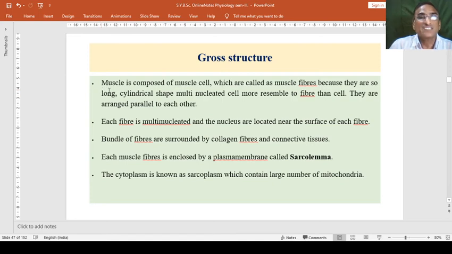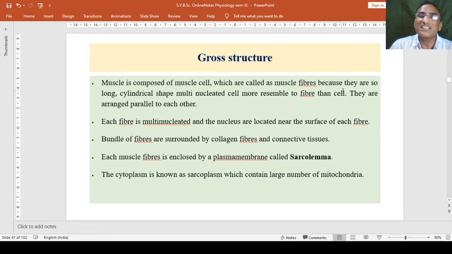Muscle is composed of muscle cells, which are called muscle fibers because they are so long and cylindrical in shape. They are multinucleated cells and resemble a fiber more than a cell.